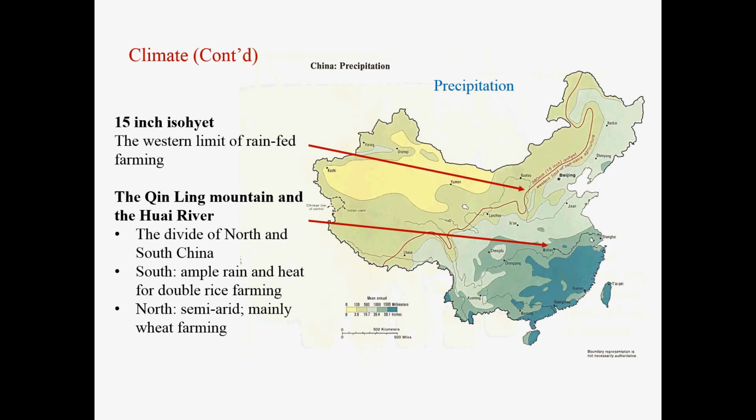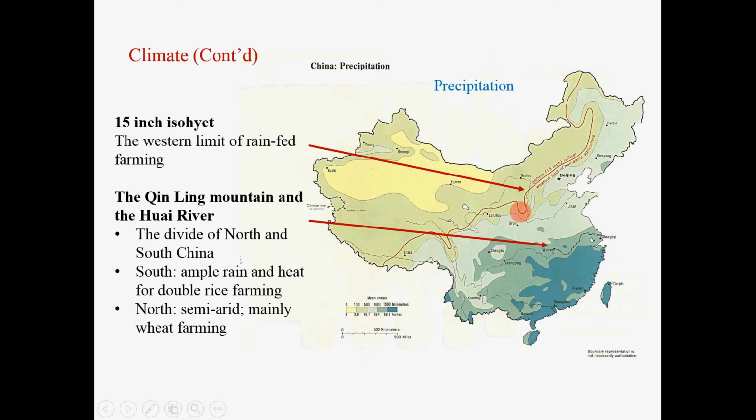Here, in the context of China, I'd like to point out two very important geographical lines. One is the 15-inch isohyet. An isohyet is a line that connects all the points that have the same amount of precipitation.